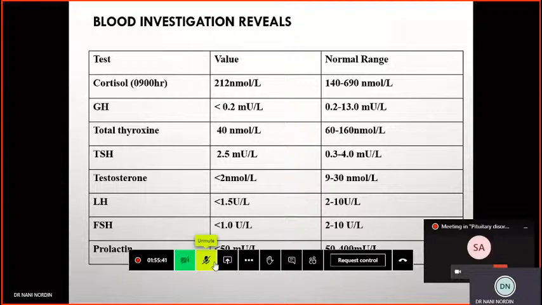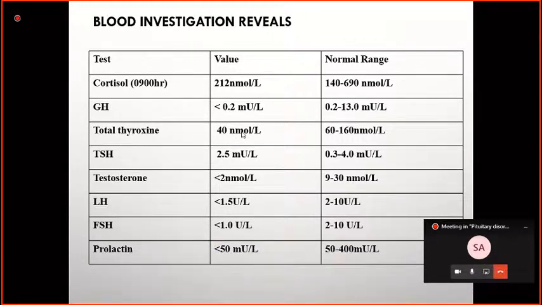Testosterone is low. LH, FSH both are low. Prolactin is low. So almost everything is low except for cortisol.